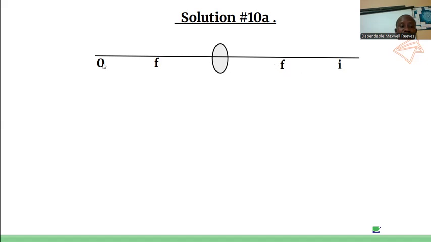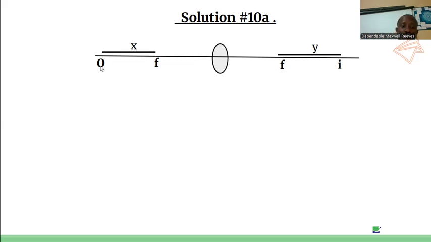The distance between the object and the focus, given to us in the question to be 16.0 centimeters, we represent by x. And the distance between the image and the focus, we say is y, even though we know it to be 12.0. So now, know that the distance from F to the lens is nothing but the focal length, that is f. And the distance from F on the other side to the lens is again the same f.